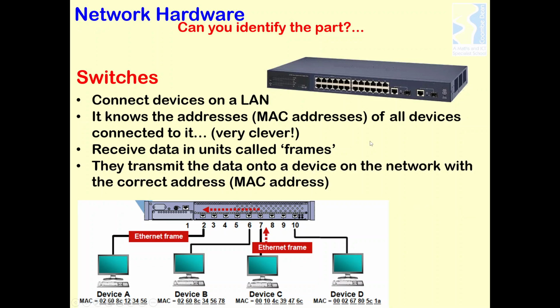And it directs the data to the place it needs to go to by reading the MAC address. Data comes into it as frames. It reads the address of where it needs to go to, and then directs it through the switch down the correct cable using the MAC address.